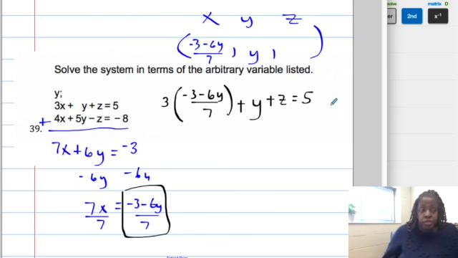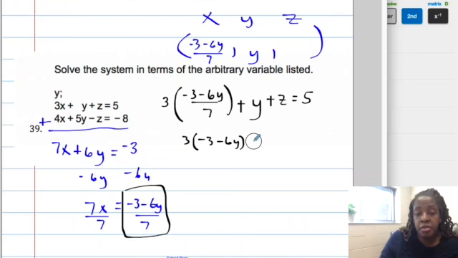All right, I see what you're saying in your mind. I don't want to see those fractions. I don't want to do anything with those things. Well, okay, well, let's do something about that. If we go ahead and multiply by 7, just to get rid of the fraction, we're going to have 3 times the numerator, negative 3 minus 6y, because multiplying by 7 right here just cancels in the denominator, plus 7y plus 7z plus 35.